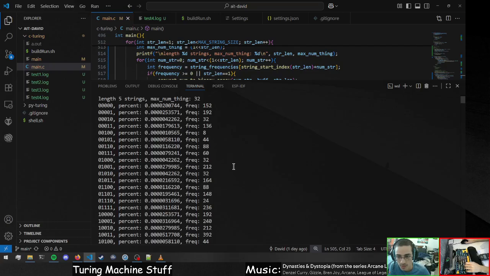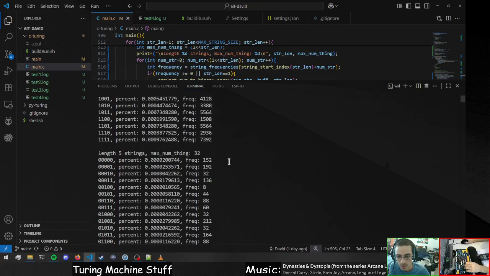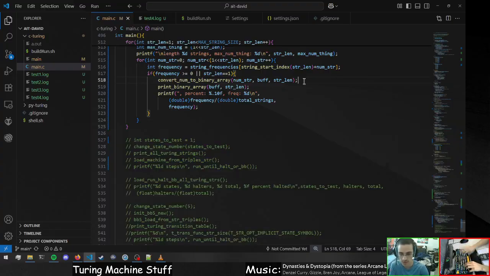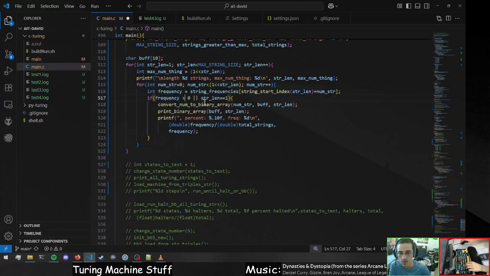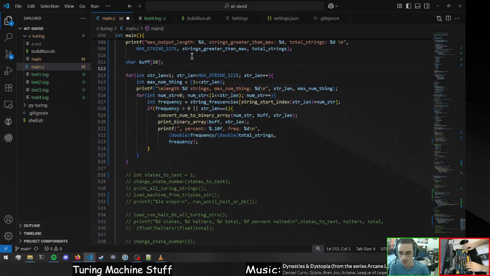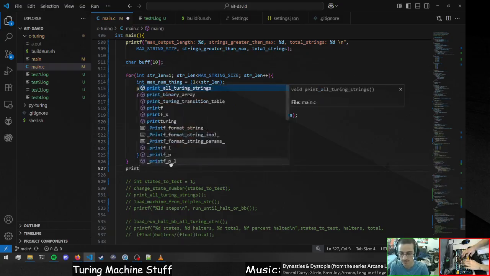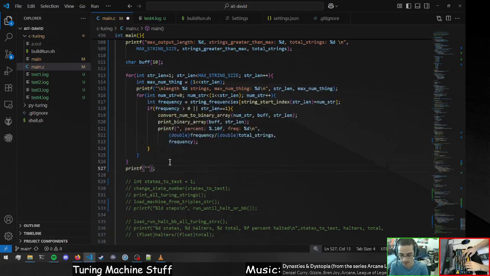Okay, what I want to do is add up all the strings that have a non-zero frequency, and print that out just to see how many strings have frequencies greater than 0. That's pretty verbose.